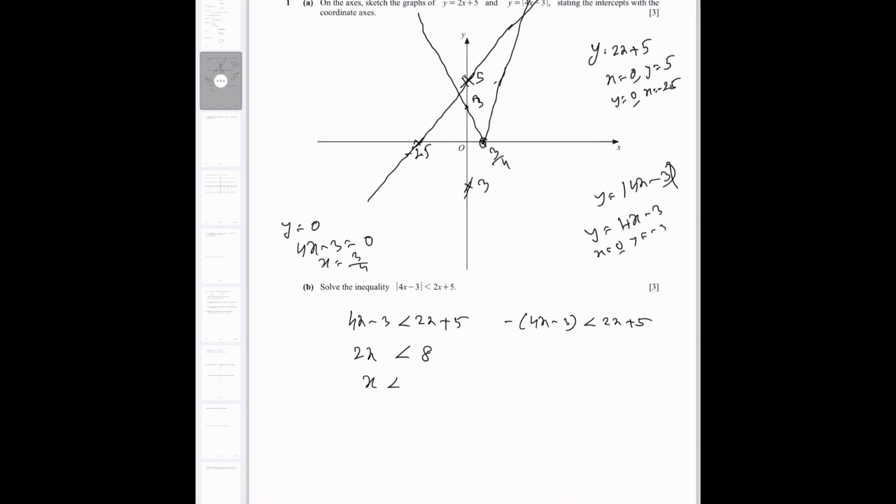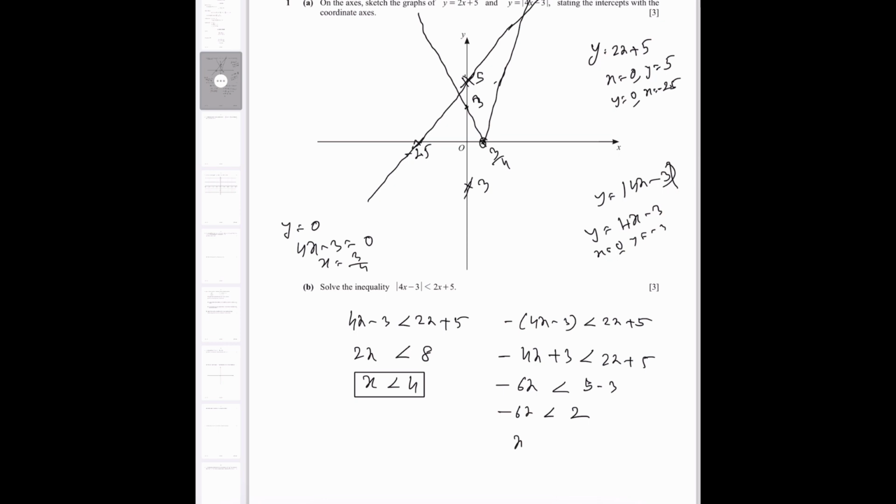So x less than 4. Then next, minus 4x plus 3 less than 2x plus 5. If 2x comes to the left side, it becomes minus 6x, and 3 goes to the other side of the inequality sign, becoming 5 minus 3. So minus 6x less than 2.